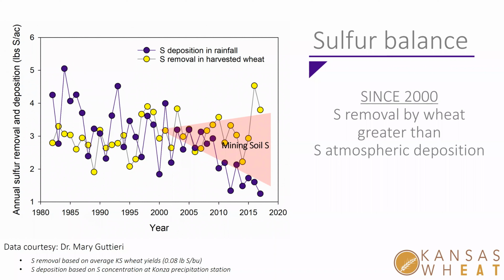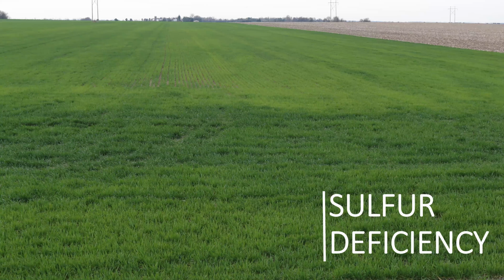So with that, we're seeing more and more signs of sulfur deficiency throughout the state. You can see on this next picture that lighter green in the middle of the field, that's really typical of sulfur deficiency. It can be confounded with nitrogen deficiency.